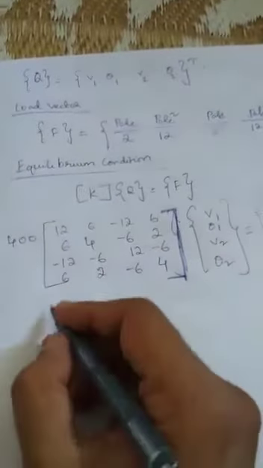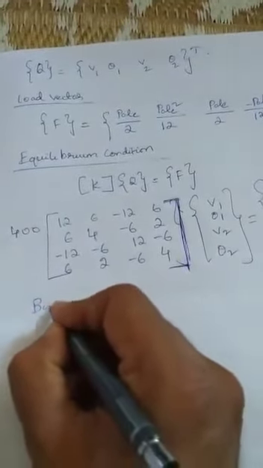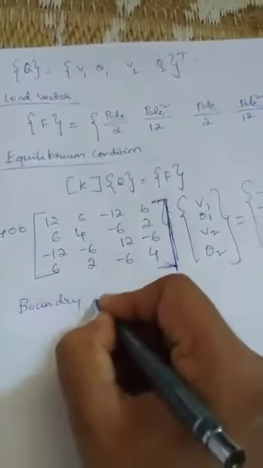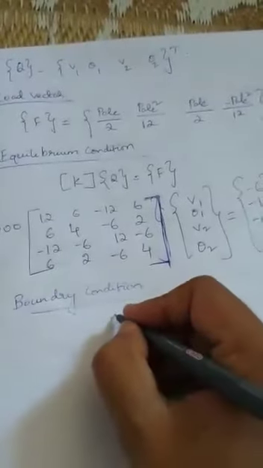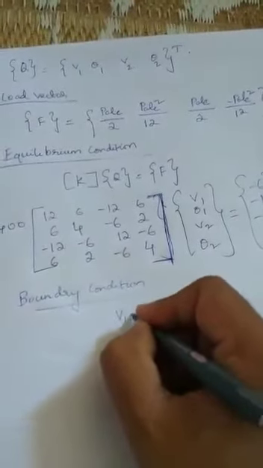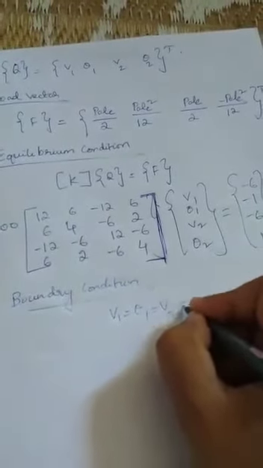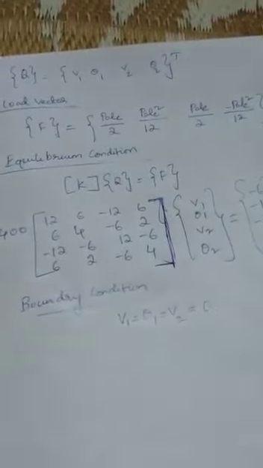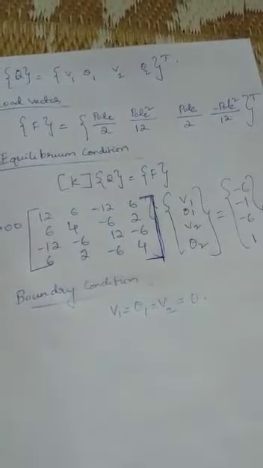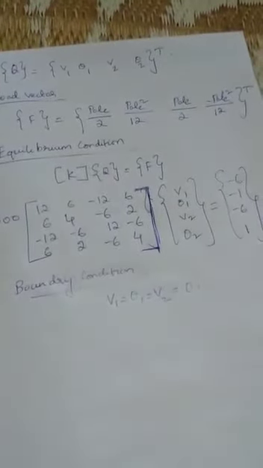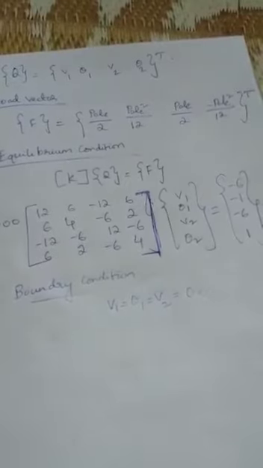Applying the boundary conditions: V1, theta 1, V2 are equal to 0. Using the elimination approach, V1 and theta 1 are 0 because they are constrained at both ends, and V2 is also constrained, and only theta 2 is movable.